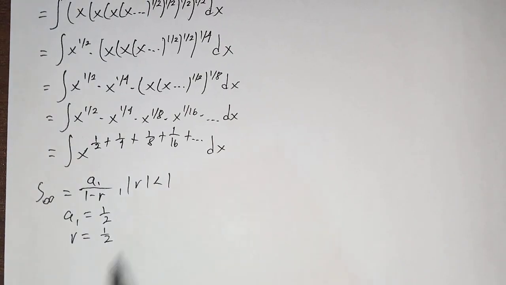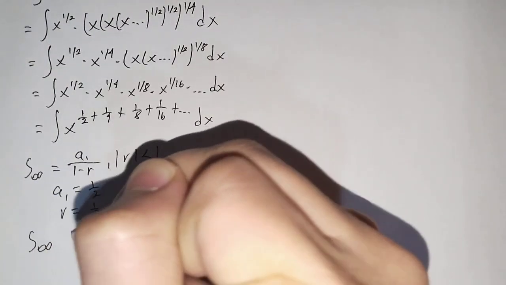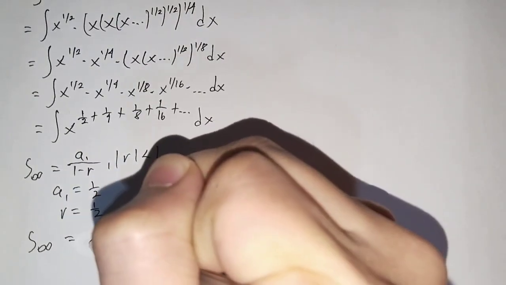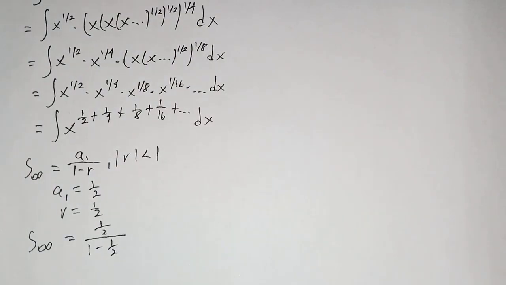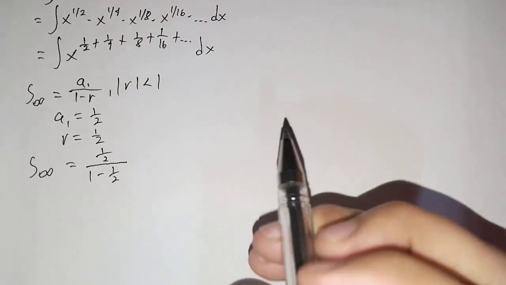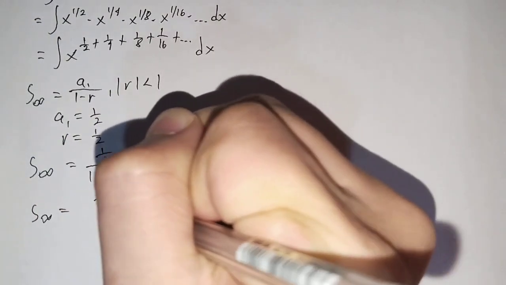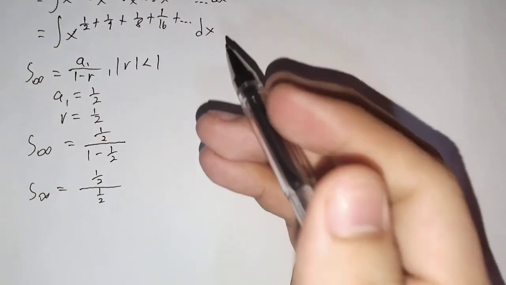So, plugging this in, this would give us that the infinite series, S sub infinity, is equal to 1/2 all over 1 minus 1/2. Now, 1 minus 1/2 is just 1/2. So S sub infinity is equal to 1/2 all over 1/2. Now 1/2 divided by 1/2 is just 1.